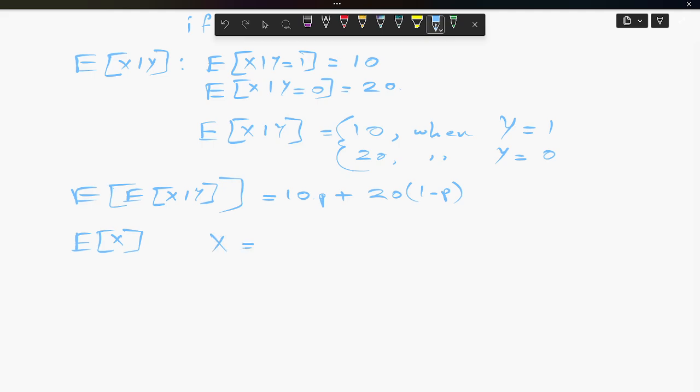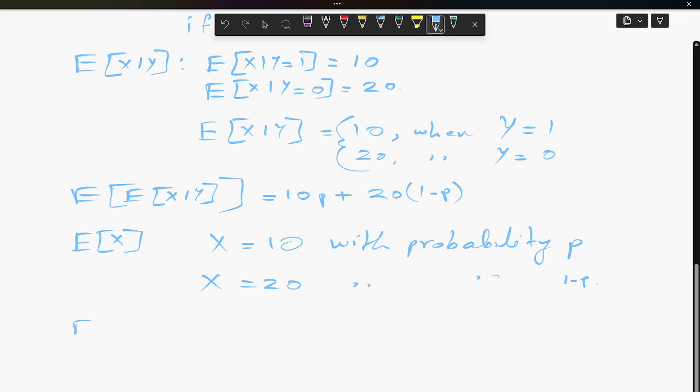X equals 10 with probability p, and X equals 20 with probability 1 minus p. So the expectation of X is 10p plus 20 times (1 minus p).